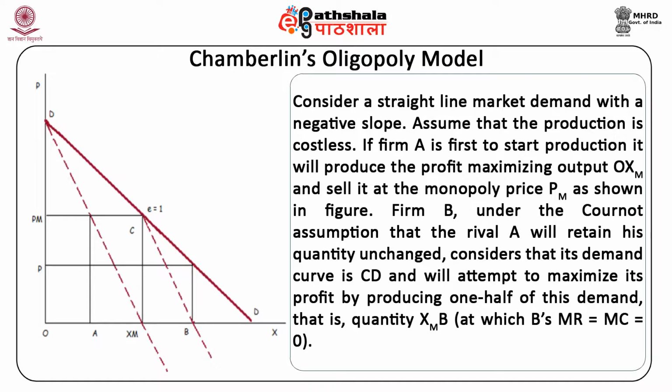As a consequence, the total industry output is OB and the price falls to P.